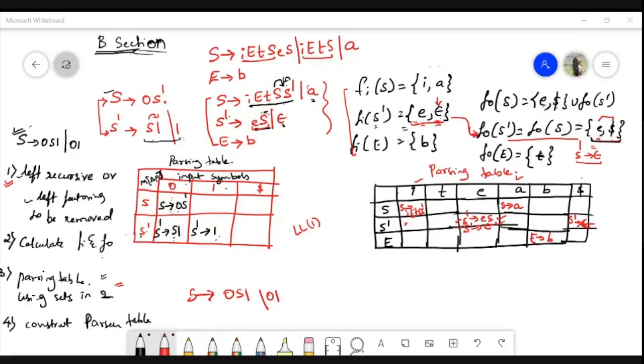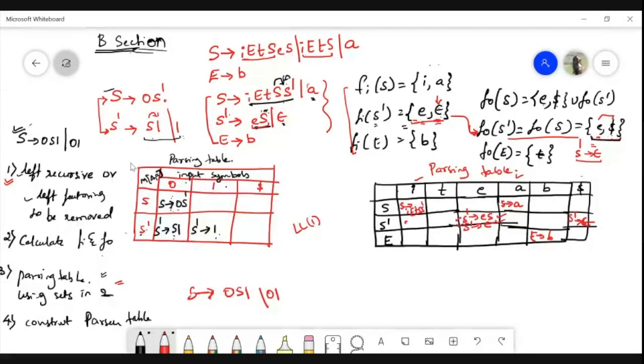I was a bit confused about the third one: if beta gives epsilon in 0 or more steps, then alpha does not derive any string beginning with a terminal in follow of A. So follow of S dash here, because the epsilon is there.